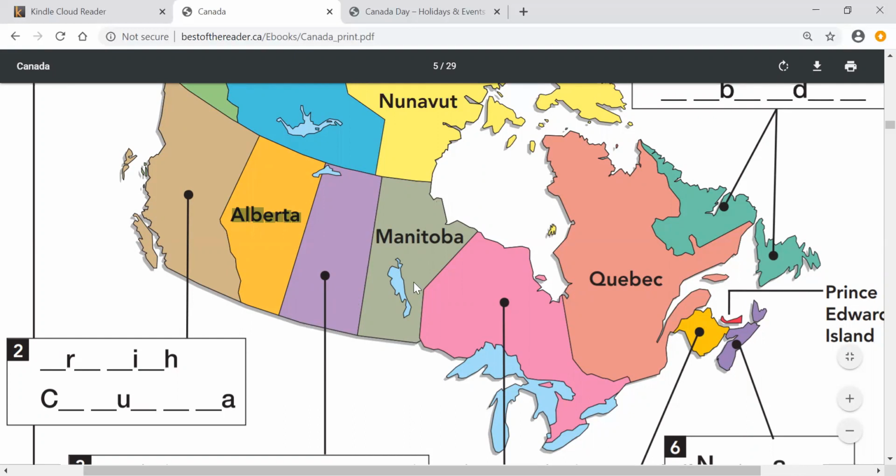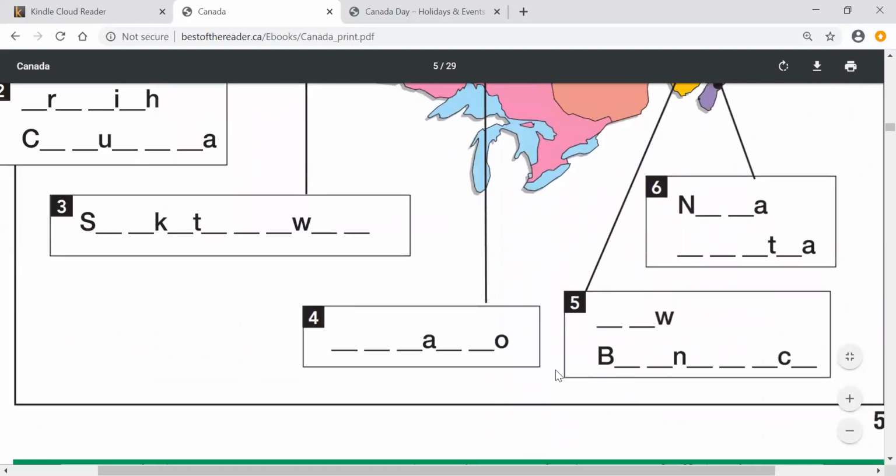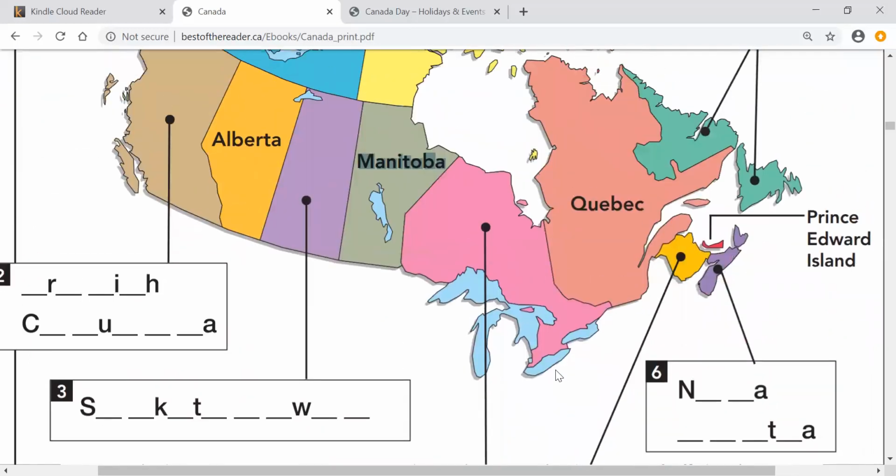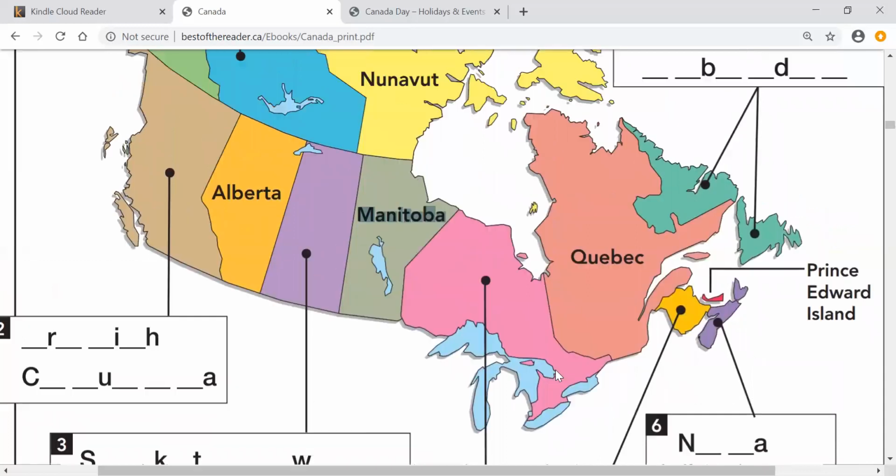What's next to Saskatchewan? We have Manitoba. Manitoba. Okay. Manitoba is next to the province that we live in. What is the name of the province we live in? Ontario. Okay.